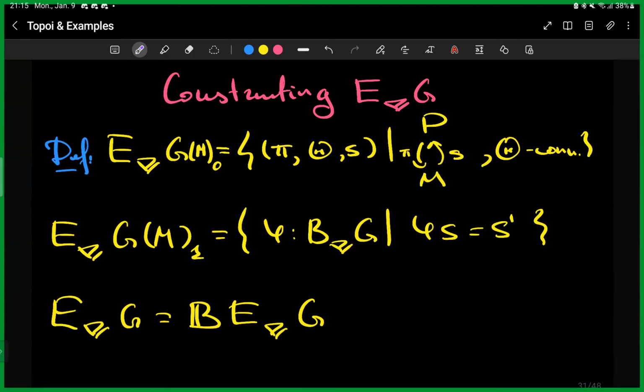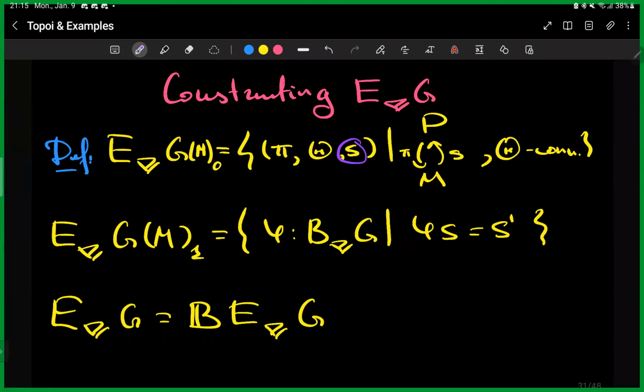So we construct it from not just trivial principal bundles with connection, but from trivialized principal bundles, meaning that we additionally have a datum of the section which trivializes this bundle. So the objects of this presheaf on a manifold consist of triples: principal bundle, connection, and trivialization.